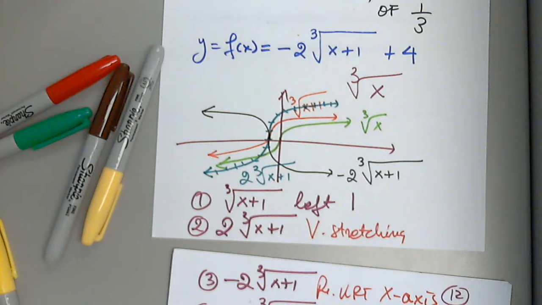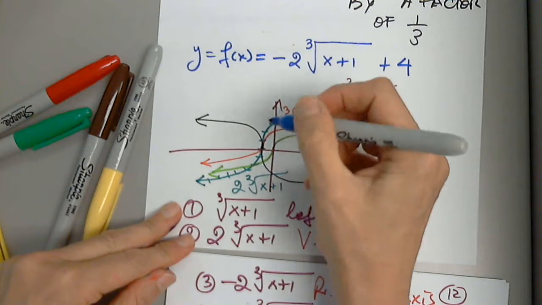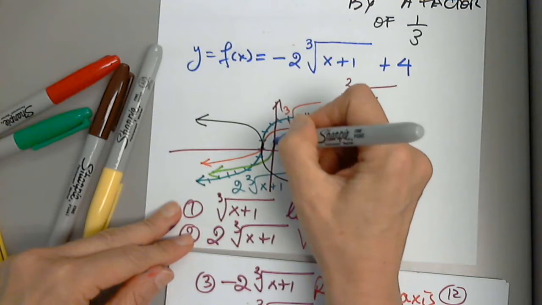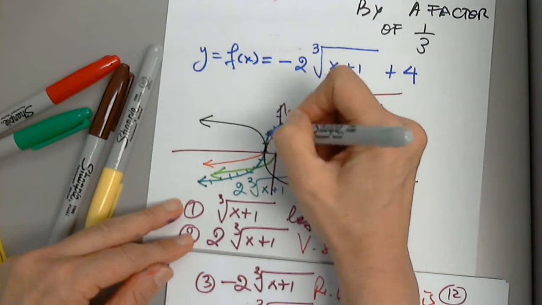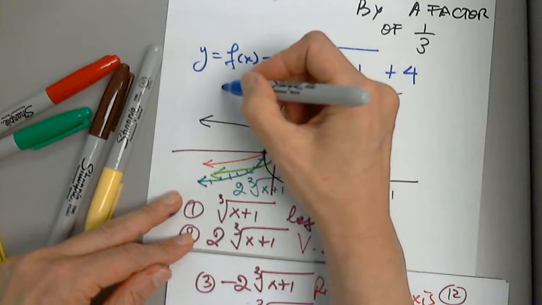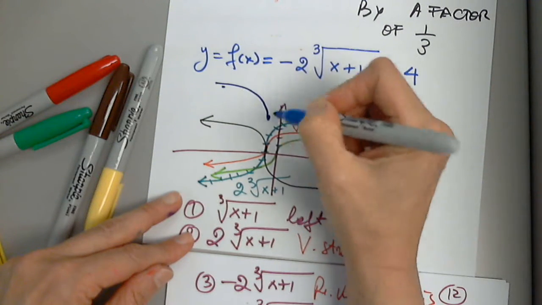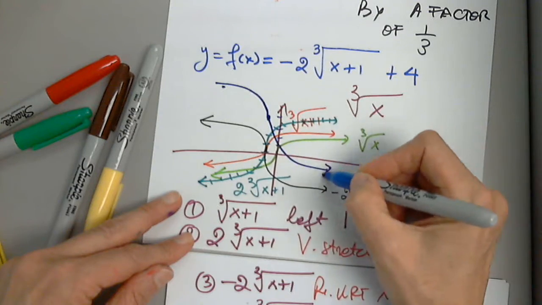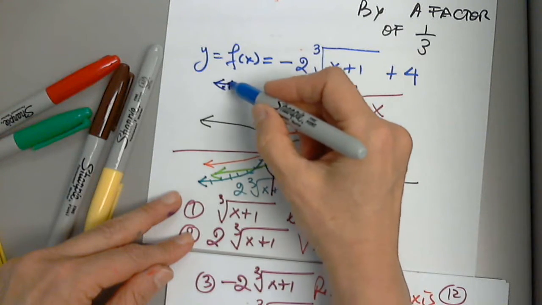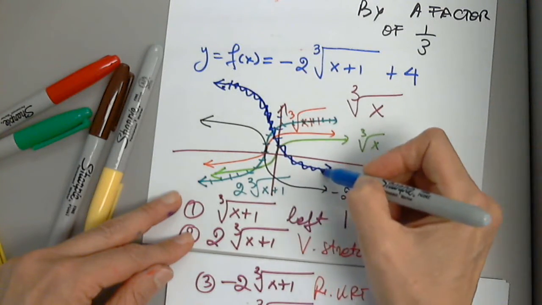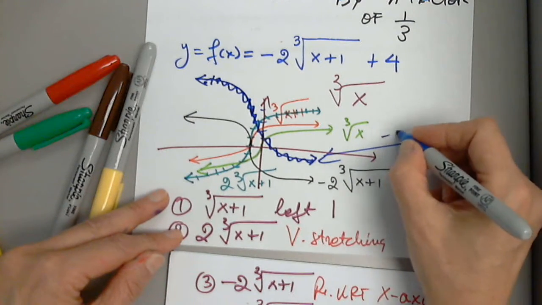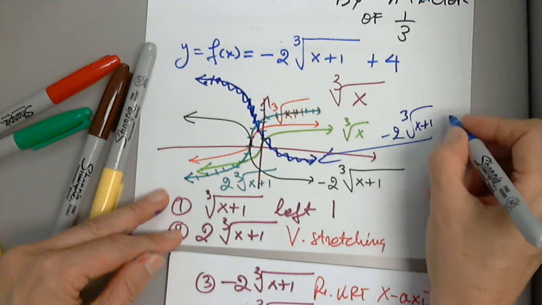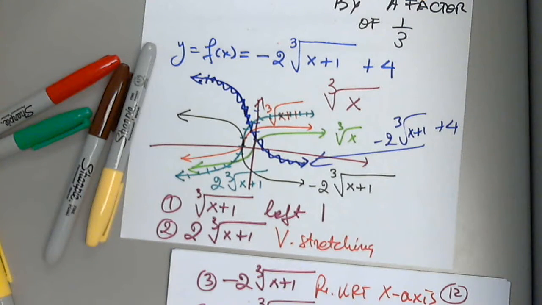Indeed. So 1, 2, 1, 2, 3, 4. So here's the graph at this point. So this is final. So negative 2, the cube root of x plus 1, and outside plus 4.